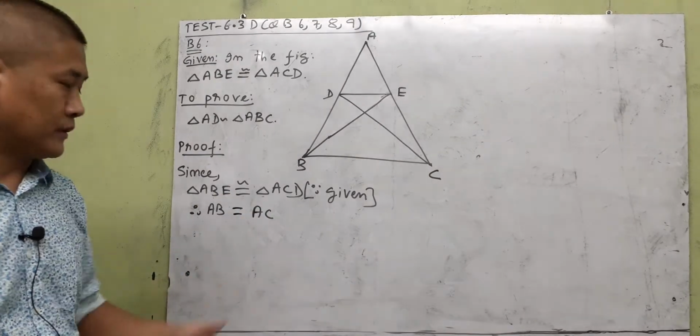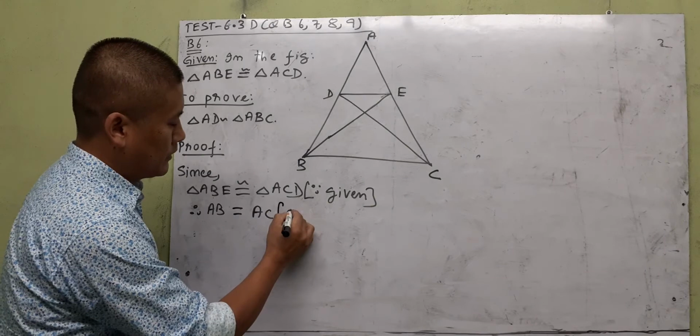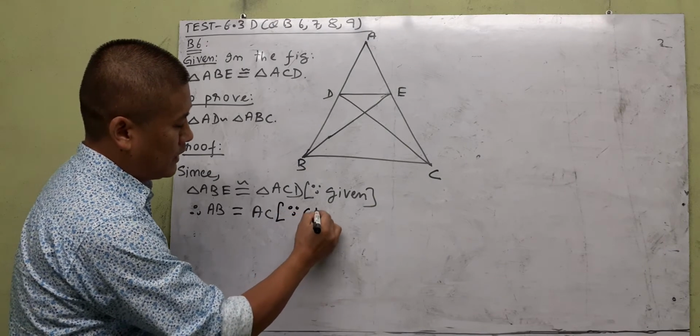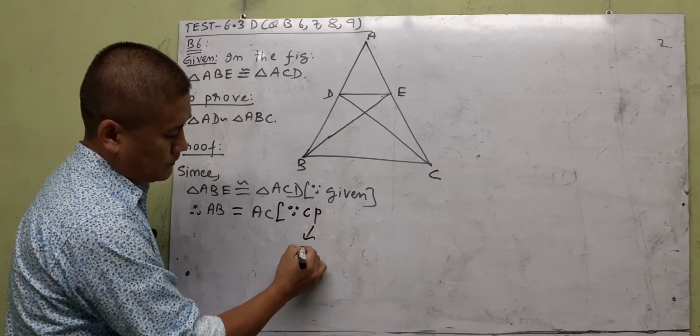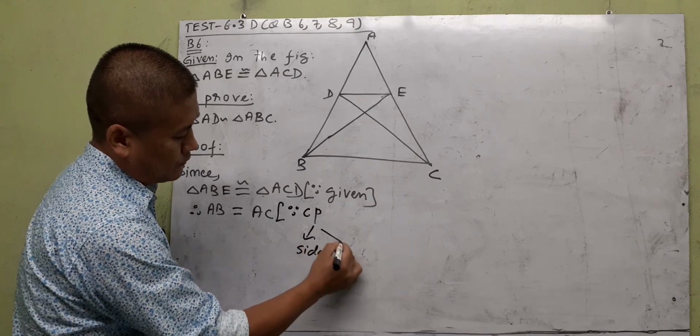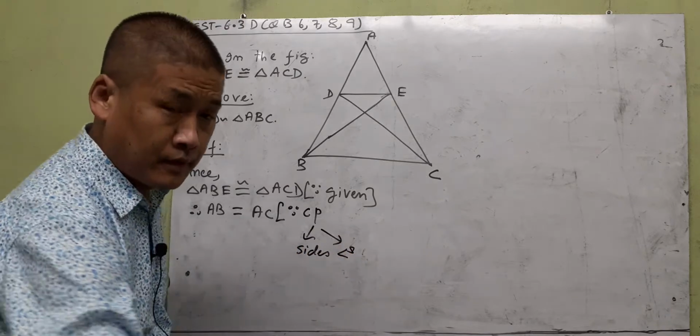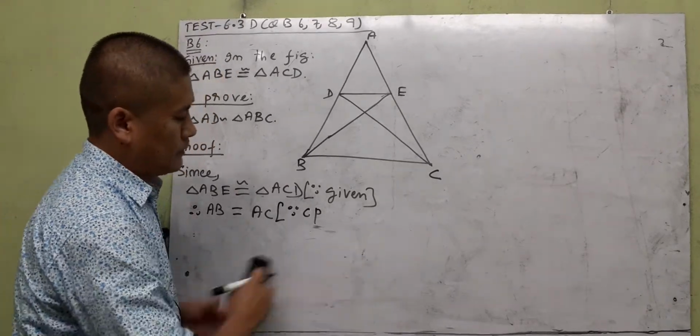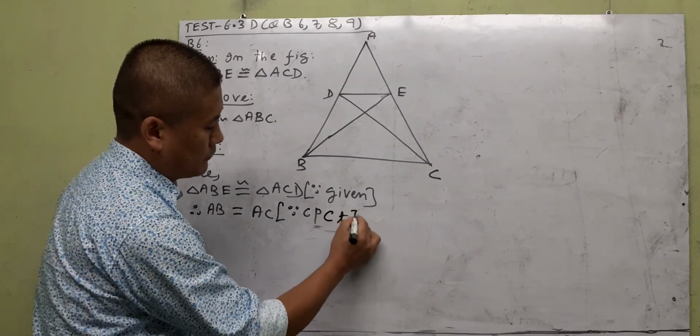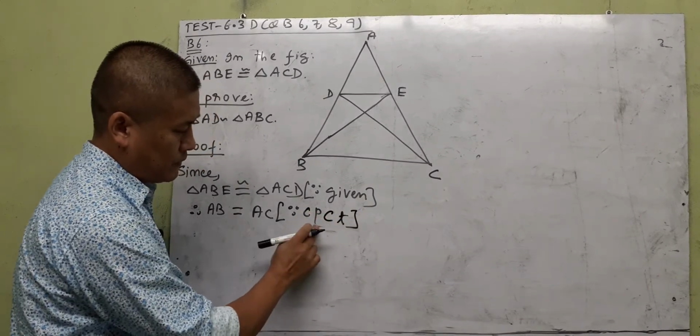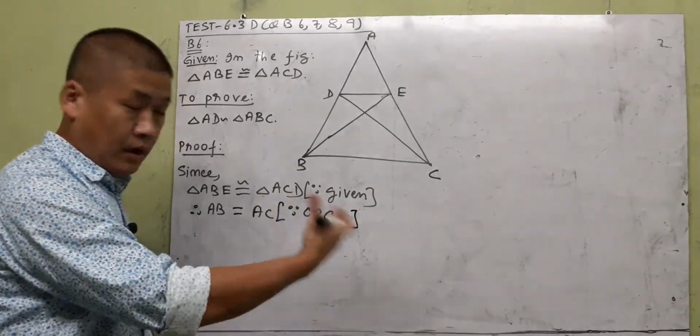They are called corresponding sides, and corresponding parts mean the sides of the triangle as well as the three angles. So CPCT, we are allowed to write like that in short form: corresponding parts of congruent triangles are equal, right?